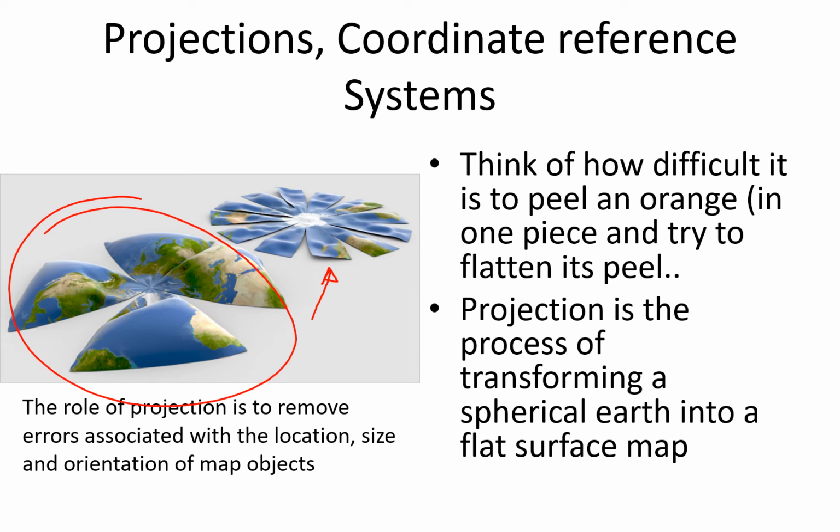So the role of projection is to remove errors that are associated with location, the size, and orientation of map objects.